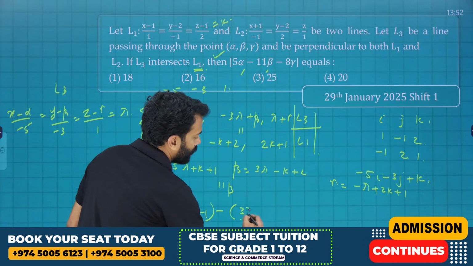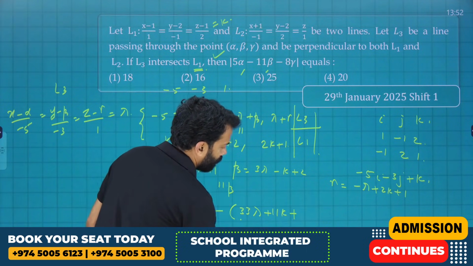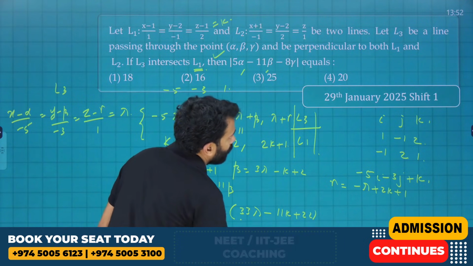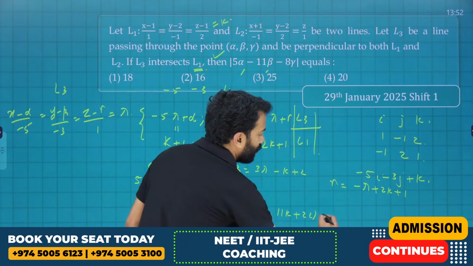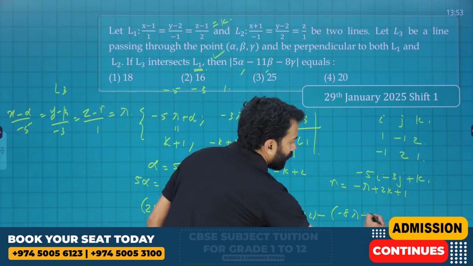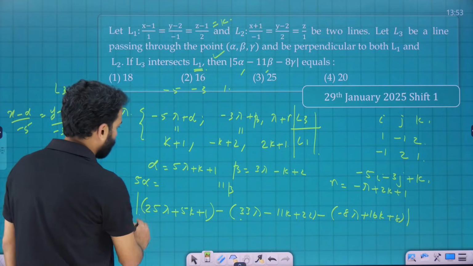Minus of 33 lambda plus 11k minus 11k plus 22. Again minus 8 gamma, that is minus of minus 8 lambda plus 16k plus 8. The modulus of that.